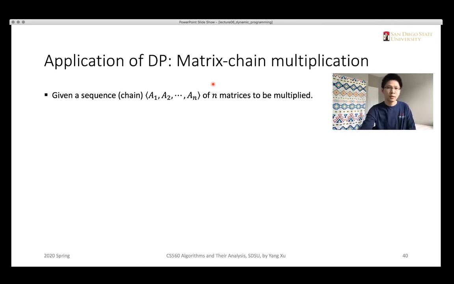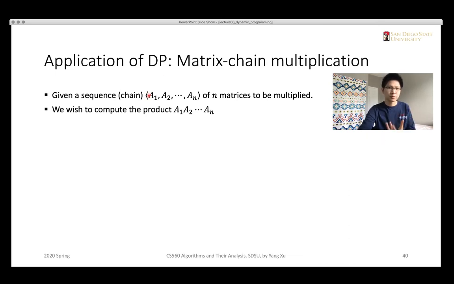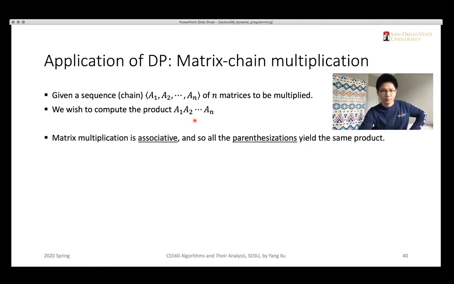We wish to compute the product. We can represent this product by writing the matrices together, like A1 is a matrix, and then we write A1 next to A2 and so on until An. We write this bunch of matrices together in order as a way to represent the final product.